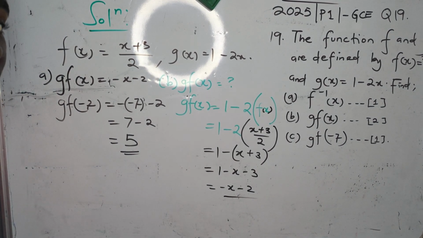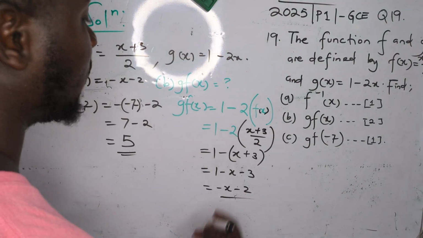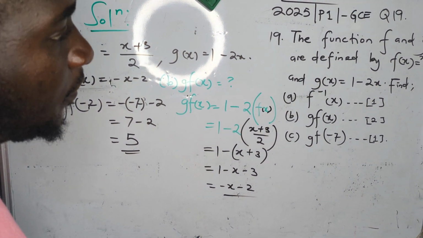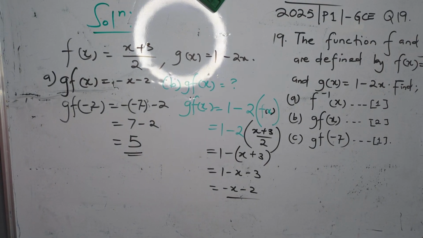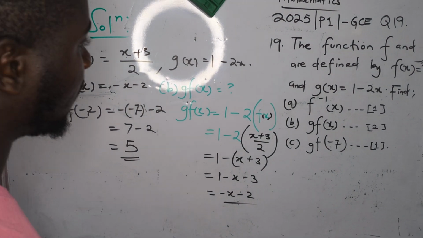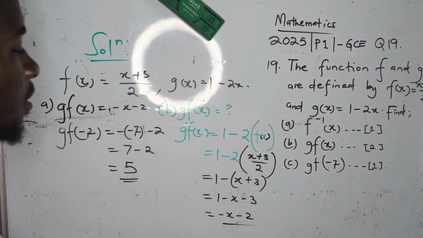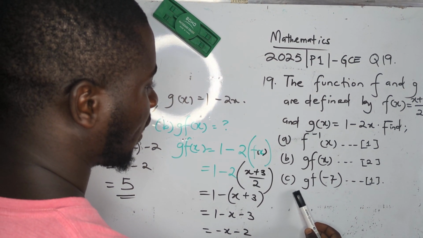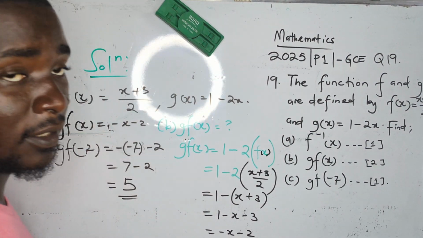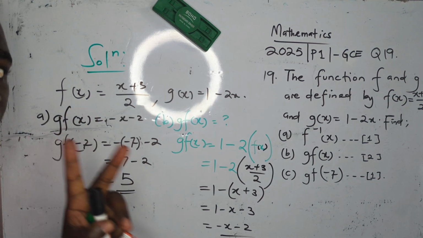Now, with some examiners, you discover that this question could be different from the other questions that you're going to find in some past papers. What some examiners do is, they're not going to give you this function. They're just going to ask you to find this one exactly. So it means that it's a 2-step question.